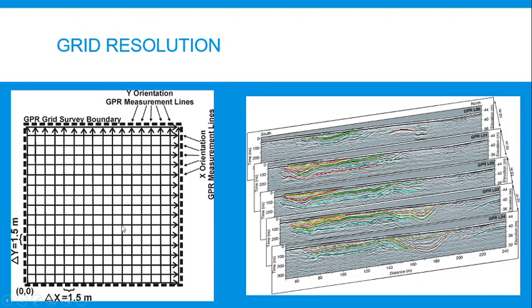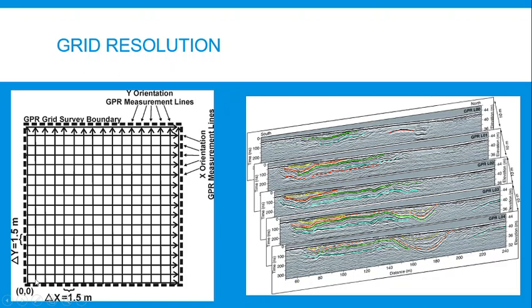If we increase the separation here, then the resolution will be decreased. As in this case, there are five lines. If we take the first five lines, 1, 2, 3, 4, and 5, and they are separated by 1.5, it's a good grid resolution.